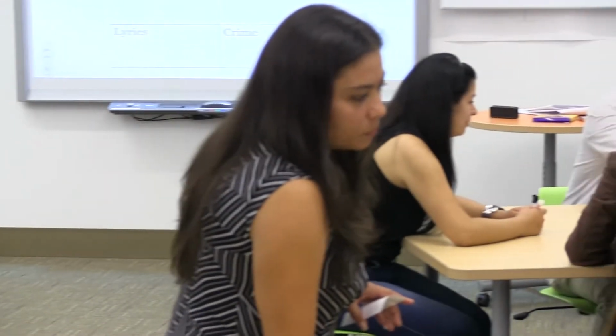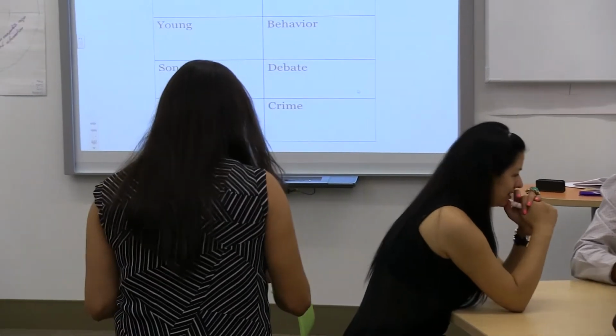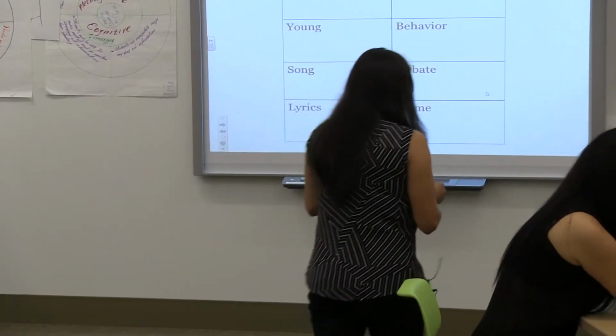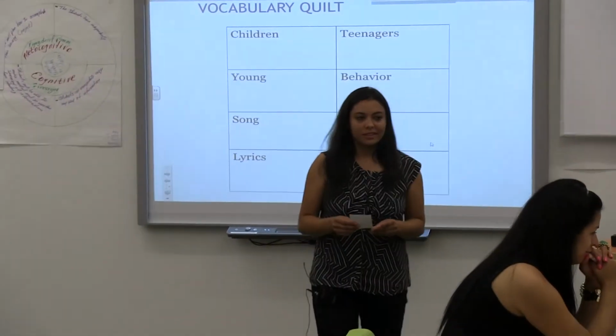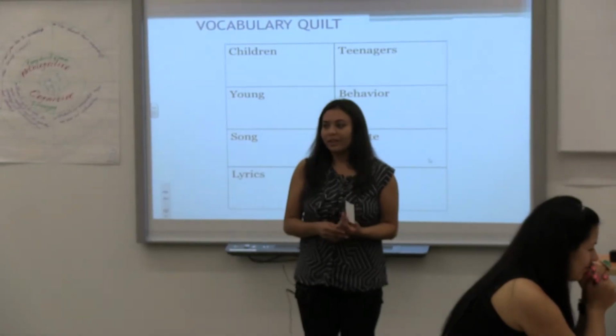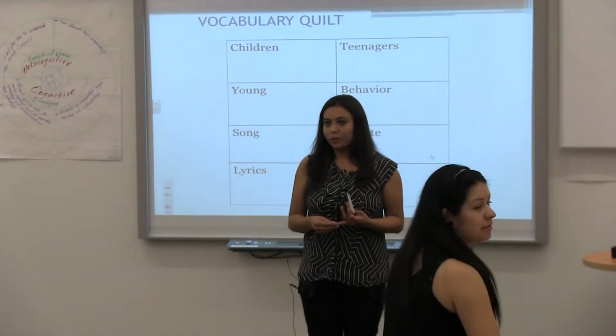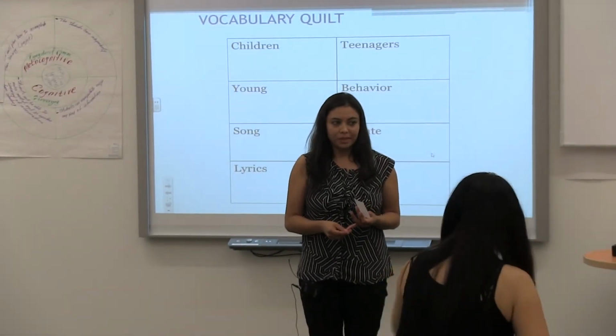Okay, thank you. In this group? Teenagers with young. Okay, with young. Song with reading. Okay, thank you. And this group? The teenagers and young, crime. Okay. I think this is the part of activation.